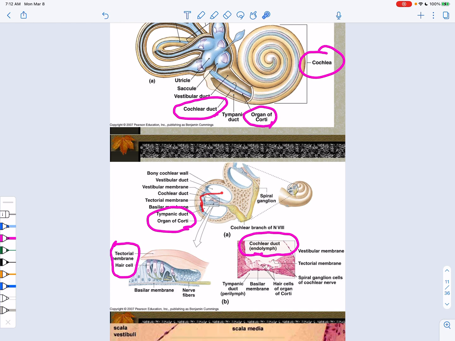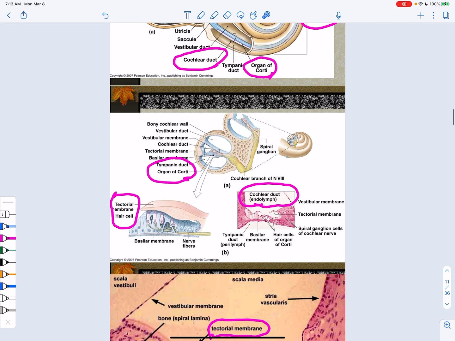So if I take this square and I make it big, I'm going to be looking at the tectorial membrane, the little hair cells that are in there, the basilar membrane. Remember, basal is going to be your base level. And then your nerve fibers are connected to those hair cells. So look at where the nerve fibers come up and are attached, and attached, and attached.